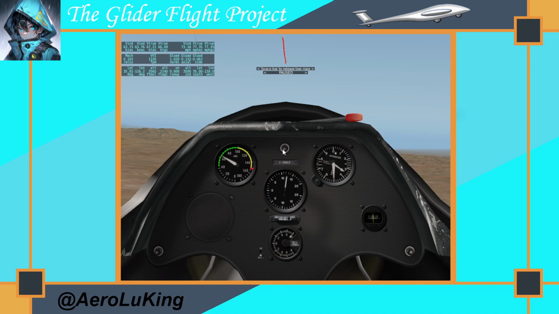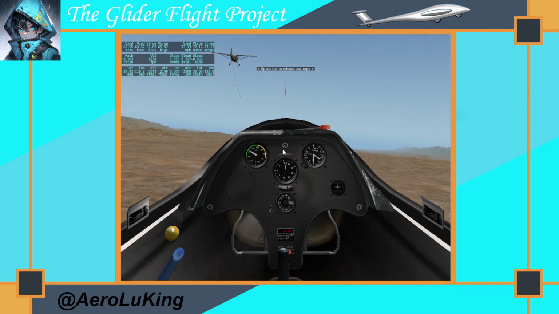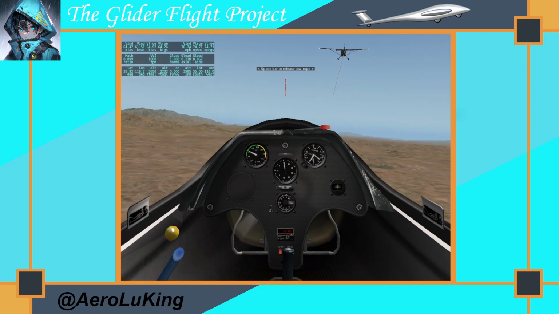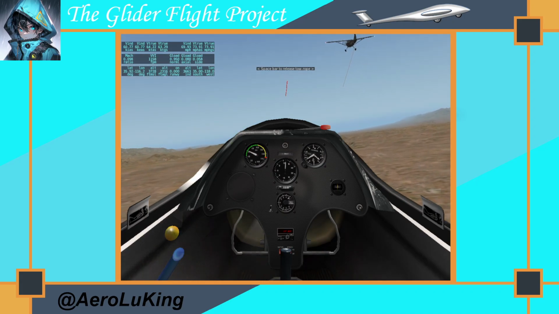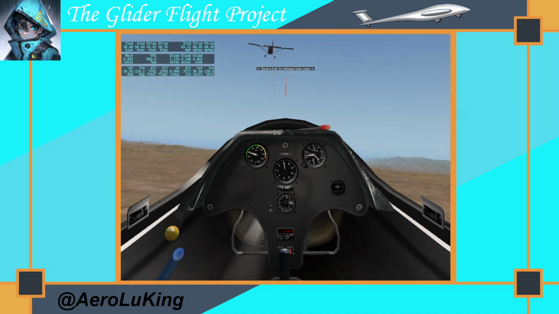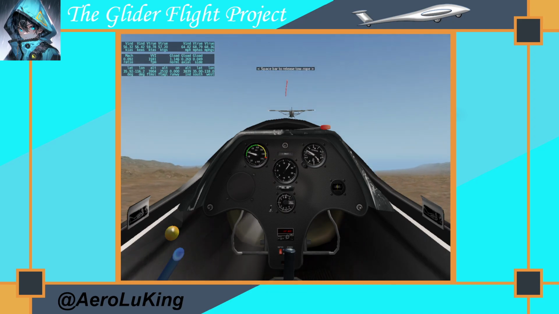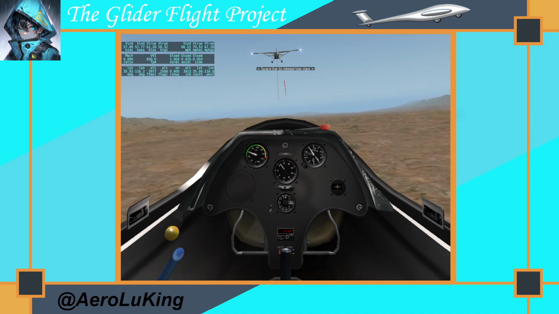We need, let's see, two more, and I'll click pause again and resume the glider. One thing to keep in mind about this indicated airspeed: is that the speed of your glider, or is that the speed of the tail plane, or is it both?